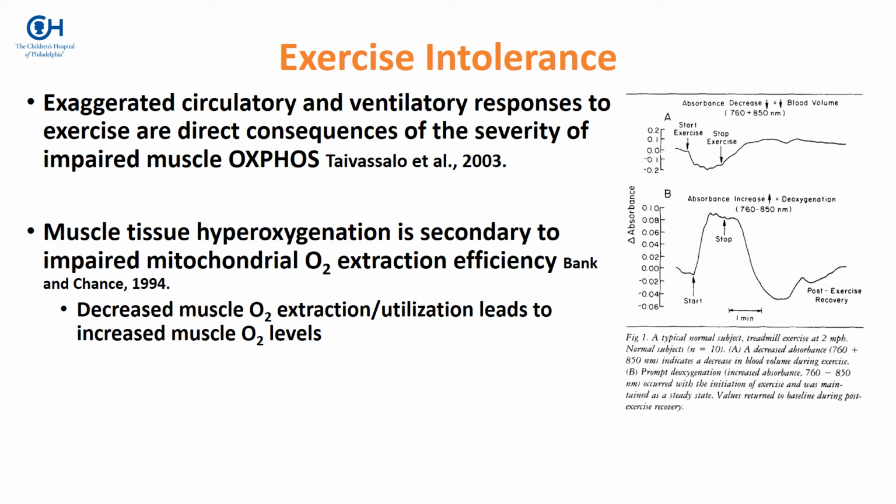And here, what was shown, as you can see in this graph, was that normal individuals would drop their muscle oxygen levels with exercise, but in B, which is a patient with what was called mitochondrial myopathy back then, because they weren't genetically confirmed but had respiratory chain defect, the muscle oxygen level was higher than the baseline level, meaning the muscle tissue oxygen level increased with exercise instead of decreasing following exercise because of the deficient oxygen utilization in the muscle tissue.